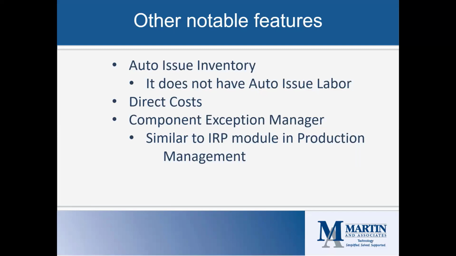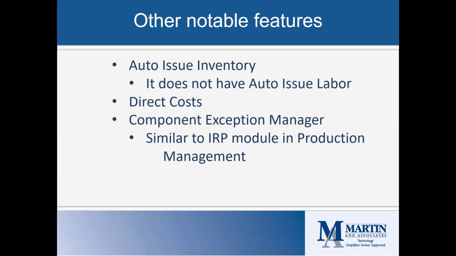And then operations management has a baked-in feature called Component Exception Manager. This is basically the old MRP module that got replaced in production management. It's called IRP. And if you're using operations management, it's not a separate module, it's baked in. It's called Component Exception Manager.